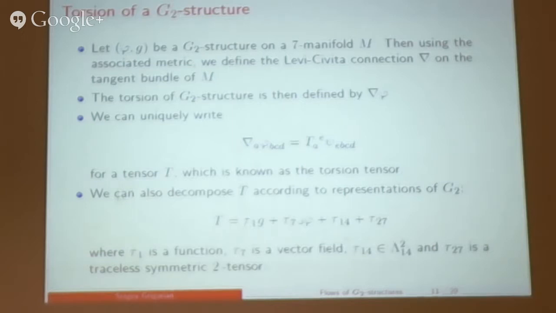This gives us a decomposition of the torsion, and this allows us to look at different torsion classes of the G2 structure. We can think of each one of these pieces as being either 0 or non-zero, so that gives us 16 potential torsion classes.